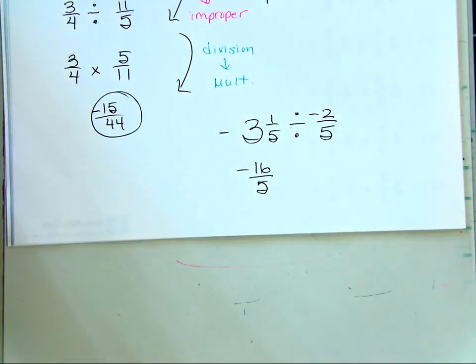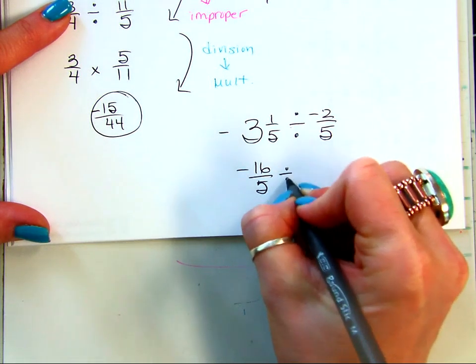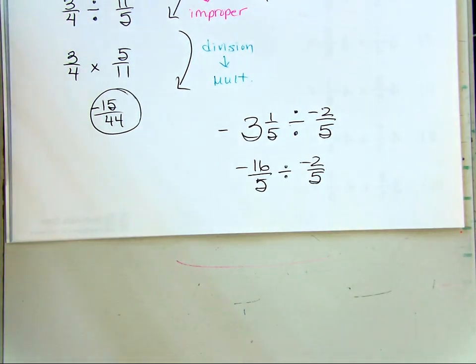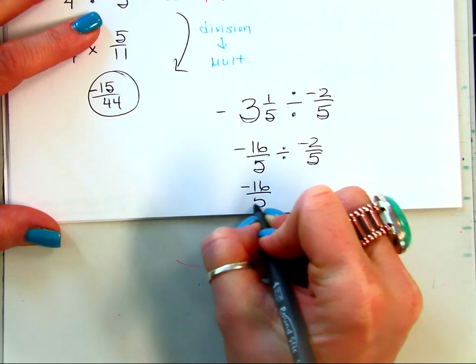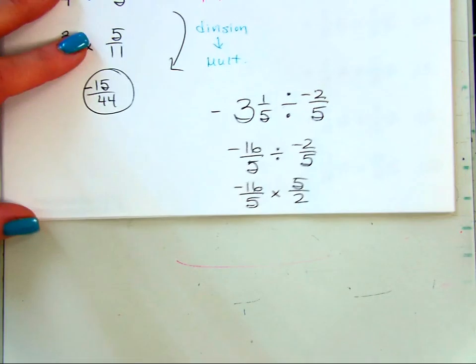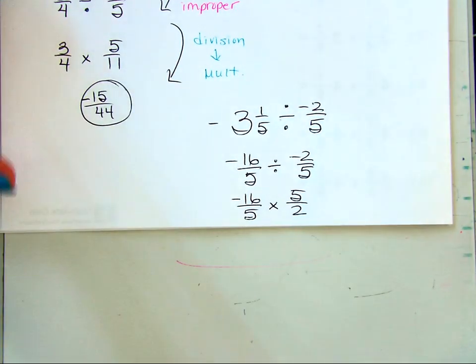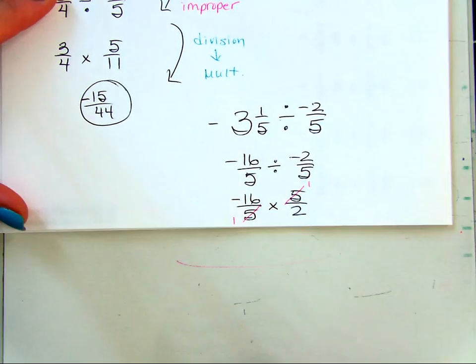What sign should I write right now? Divided by negative 2/5. Then what? Multiply by the reciprocal. Then, can I cross cancel anything? 5 and the 5.